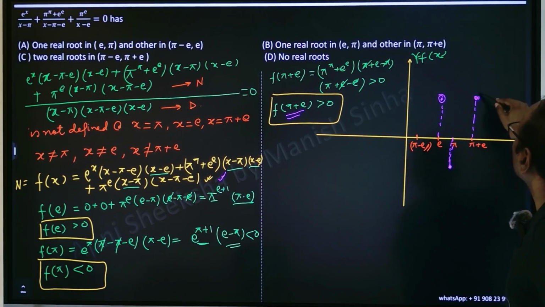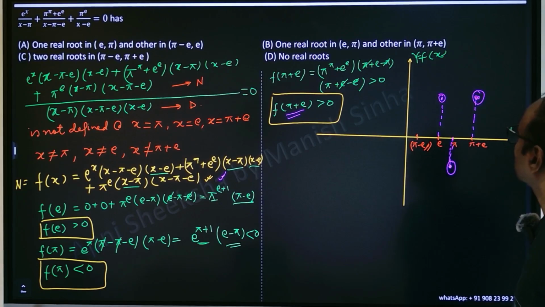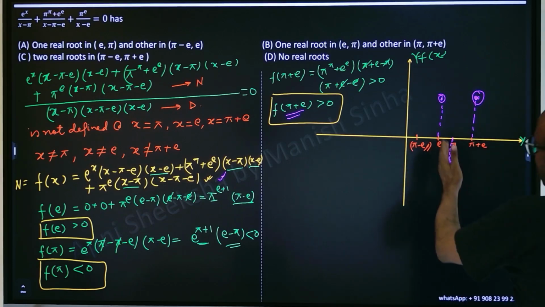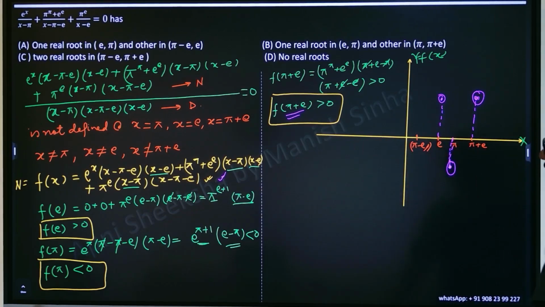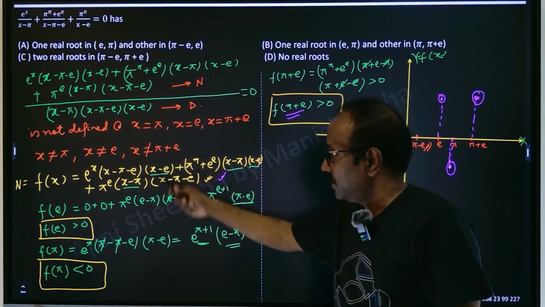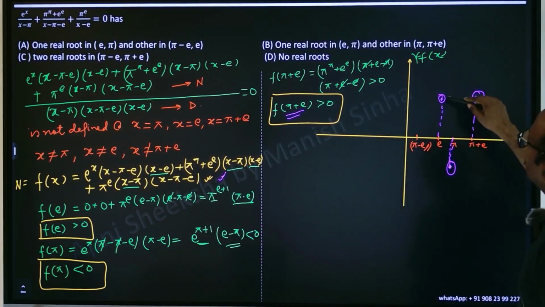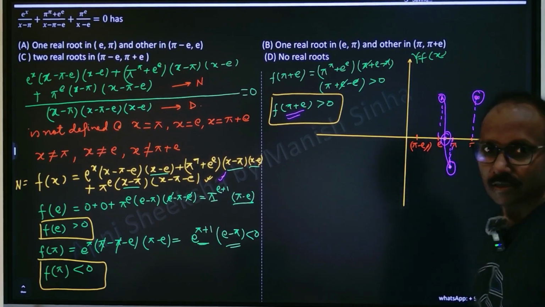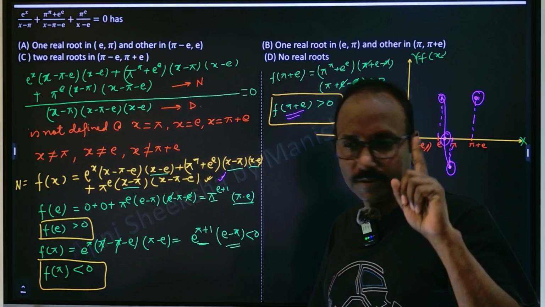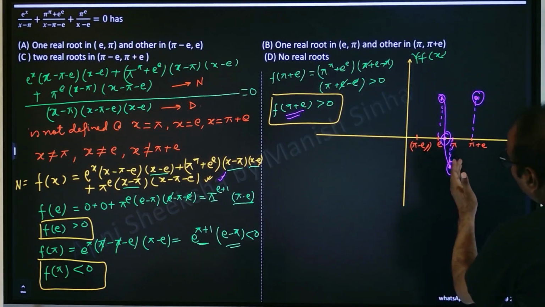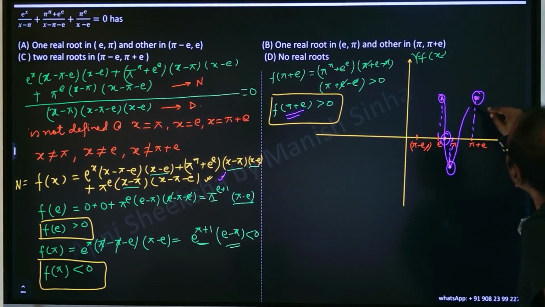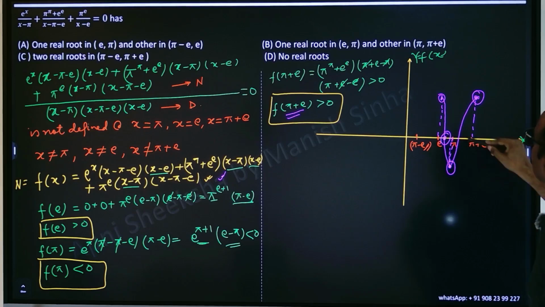So let us say these were the points. To reach from e to pi, when we plot this function, there should be a line which must cross the x-axis. So this will be one root. Now from pi to pi plus e, it has to cross the x-axis again. So this is the second root.